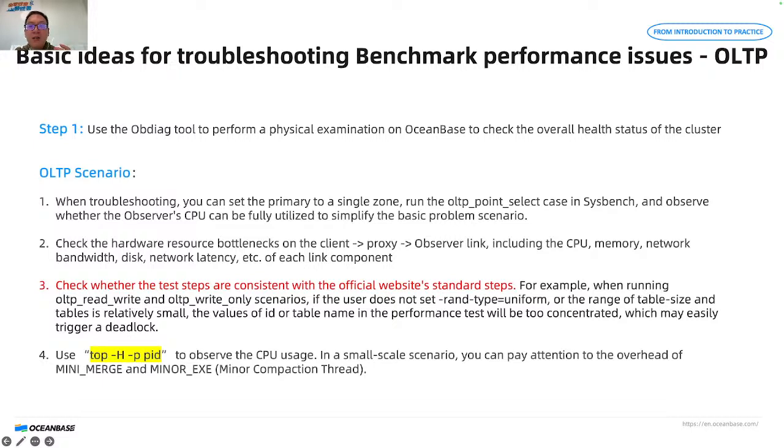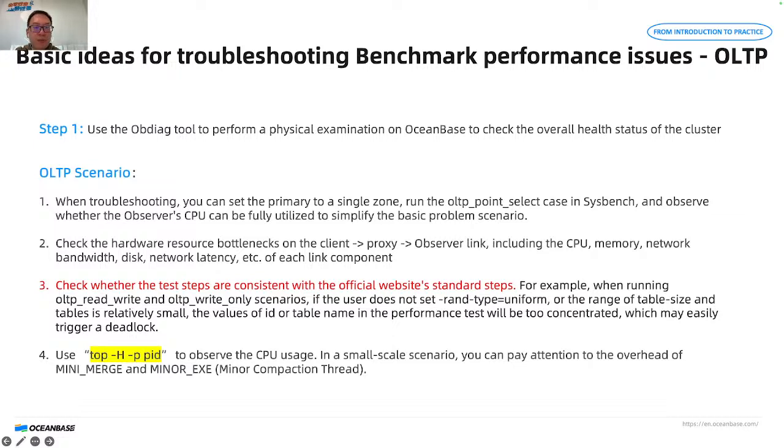If the OB server's CPU usage is low, check for bottlenecks. Assess CPU, memory, network boundaries, disk I/O, and latencies for each component, as any bottleneck could limit OBS performance. The third one, test steps consistency, ensuring test steps match the official guidelines.